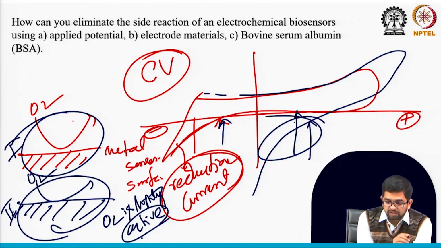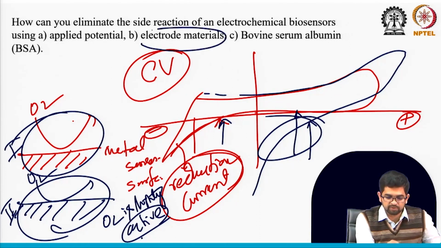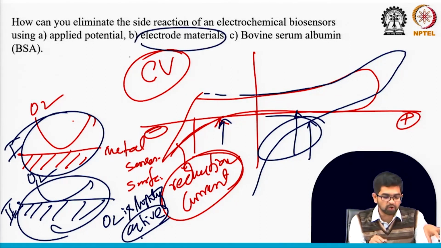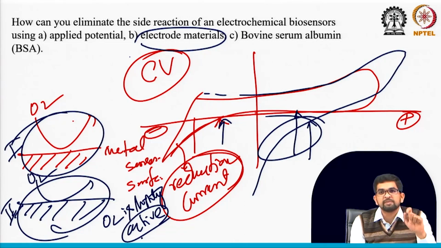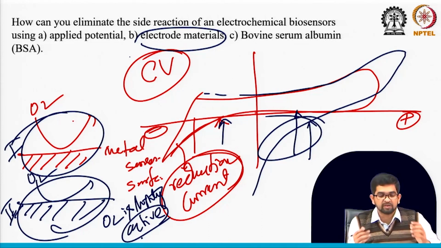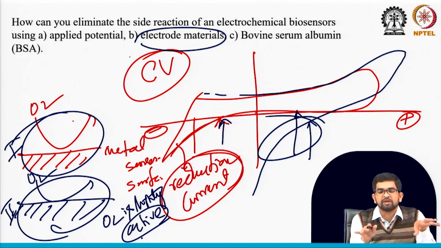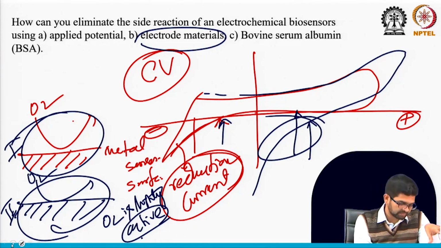That is why, when deciding the electrode material, that is the number 2 question, you have to choose a material that will show lower side reactions of this kind of oxygen. This way you can select the best material. You should not select a highly electrocatalytically active surface like platinum, or one that is very non-conductive. You have to choose a moderate one, so that you can avoid those side reactions. Clear?